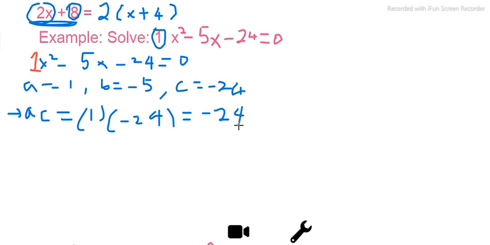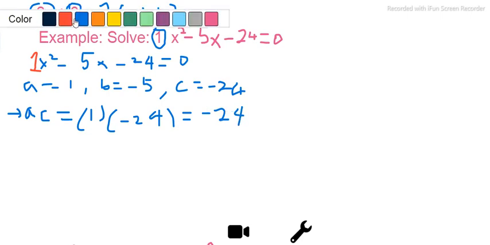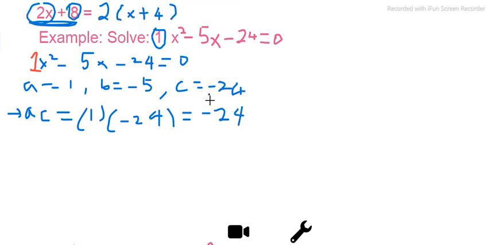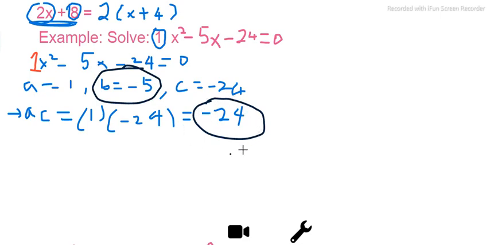Now what we do is we look for factors of minus 24 that, when we combine them, will give us b, which is minus 5. Let me say that again: we look for factors of minus 24 such that when you combine them, they give us b, minus 5.